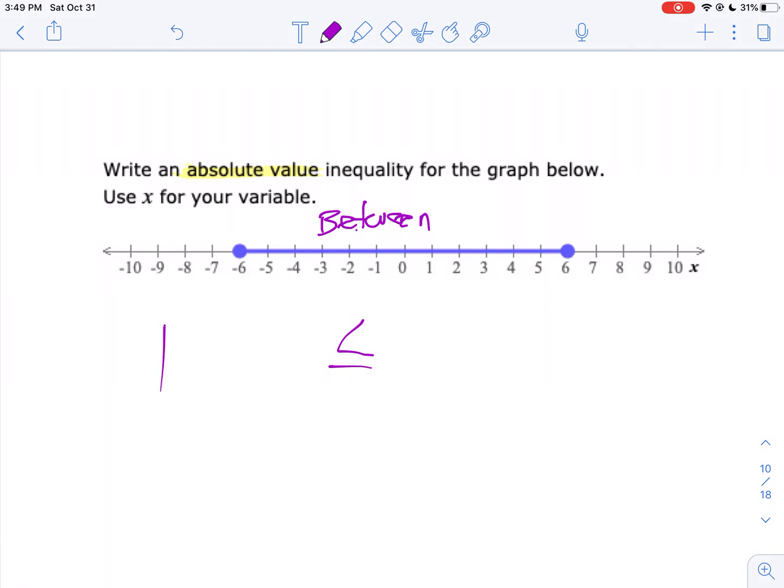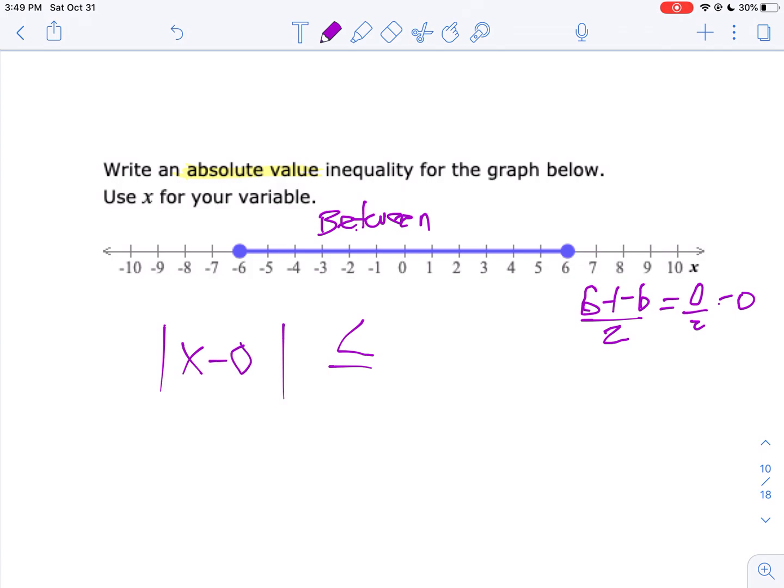So I'm going to write my absolute value over here on the left. Now you look at what number is halfway between 6 and negative 6. Well, if I go 6 plus negative 6, and divide that by 2, that's 0 divided by 2, which is 0, isn't it? So I'm going to say x minus 0. That's the middle.